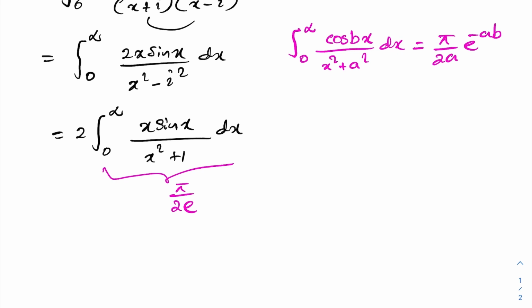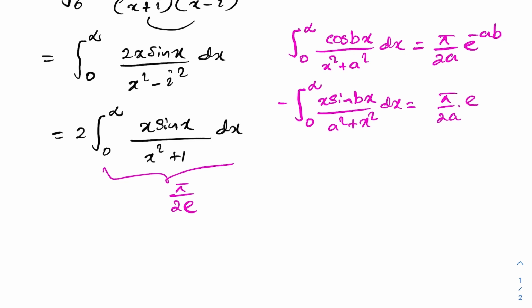So now if we differentiate both sides with respect to b, we know the derivative of cosine is minus sine. So minus the integral from 0 to infinity, here the coefficient of b is x, so we have x times sine of bx over a squared plus x squared dx is equal to here pi over 2a times the derivative of e to the function, so e to the minus ab times minus a.